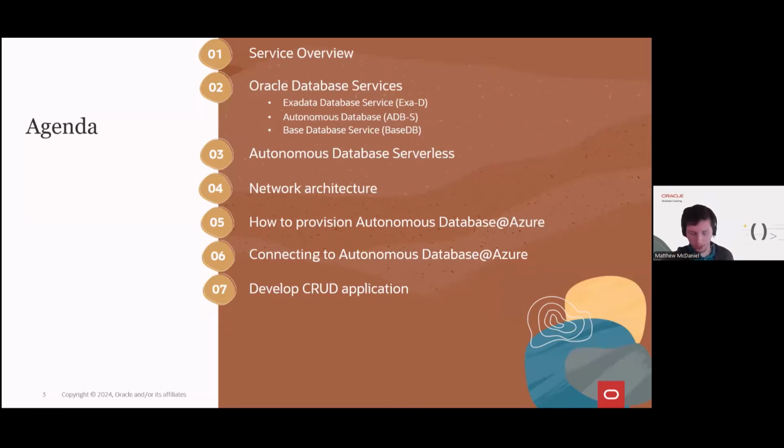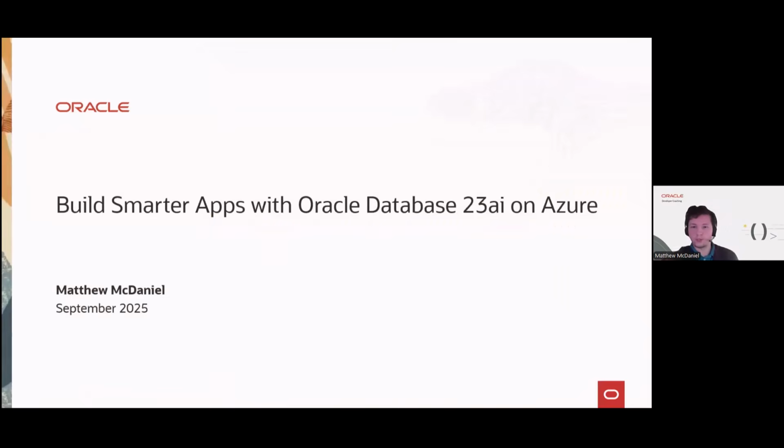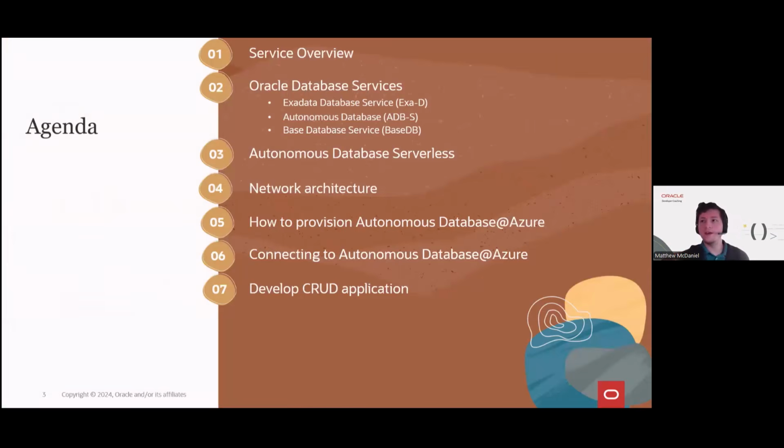We're going to talk about how to build smarter apps with Oracle Database 23 on Azure. Today, we're going to go through a number of items. We're going to discuss at a high level what the service is, and what services are available on Azure today.